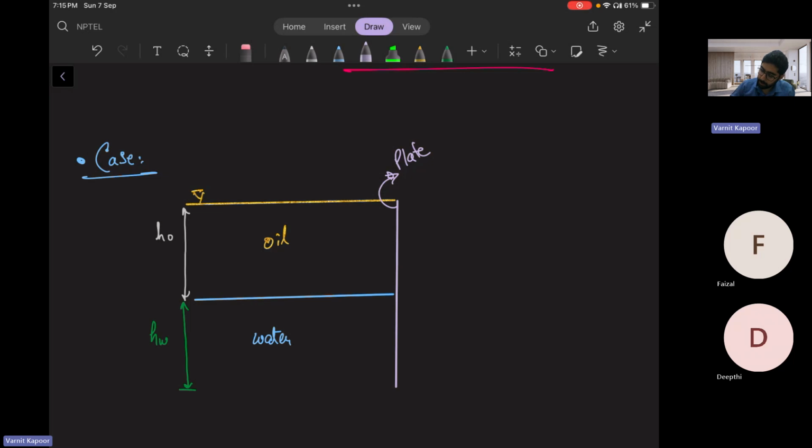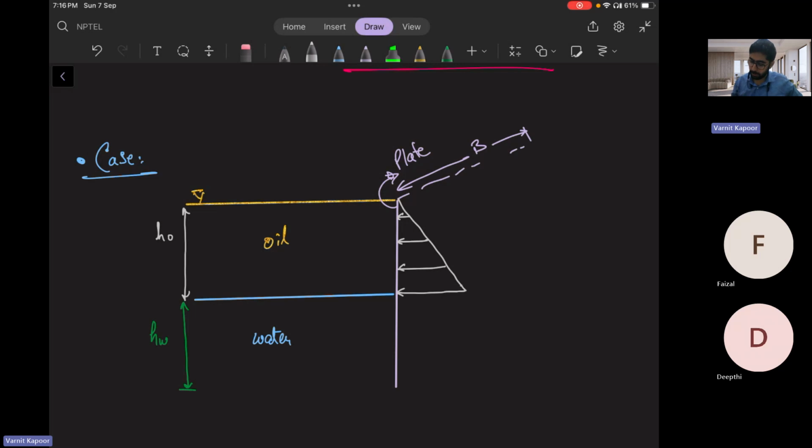And suppose this is the width of the plate, B. All right. Now, first of all, for the oil, there will be a hydrostatic pressure force by the oil, which will be like this, till HO.